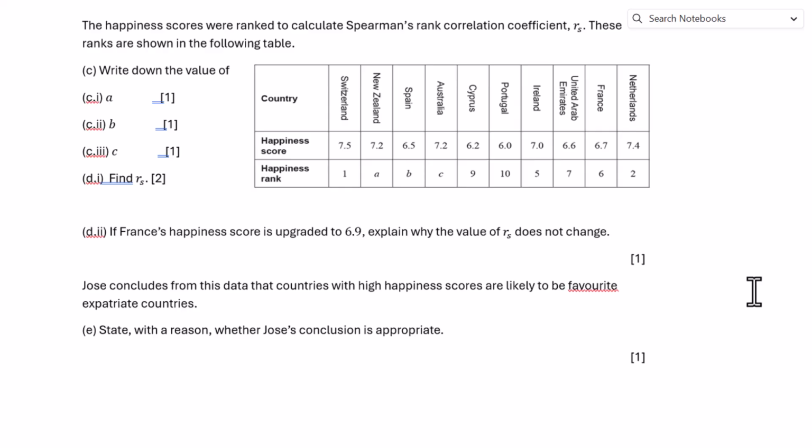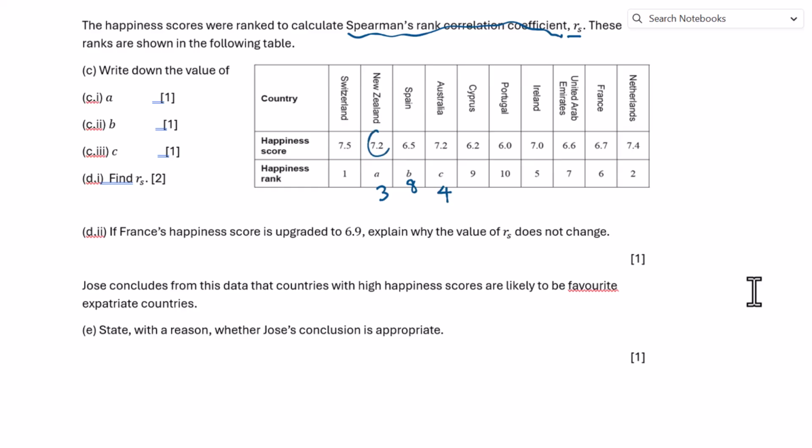The happiness scores were ranked to calculate Spearman's rank correlation coefficient r sub s. These ranks are shown in the following table. C. Write down the value of A, B, C. Highest is rank 1, 2, 3, 4, 5, 6, 7, 8.